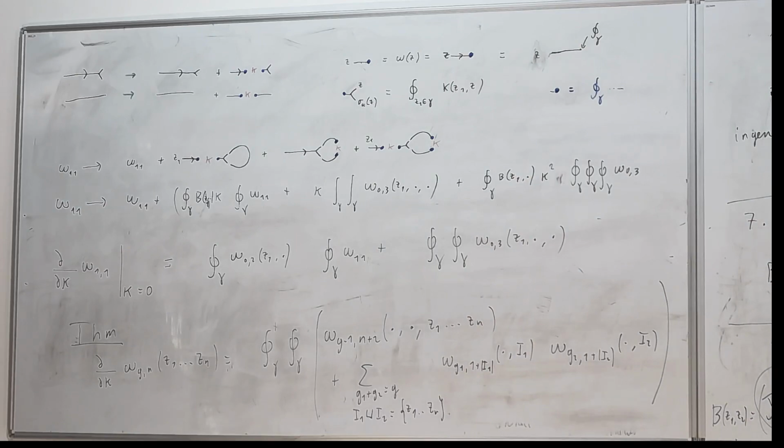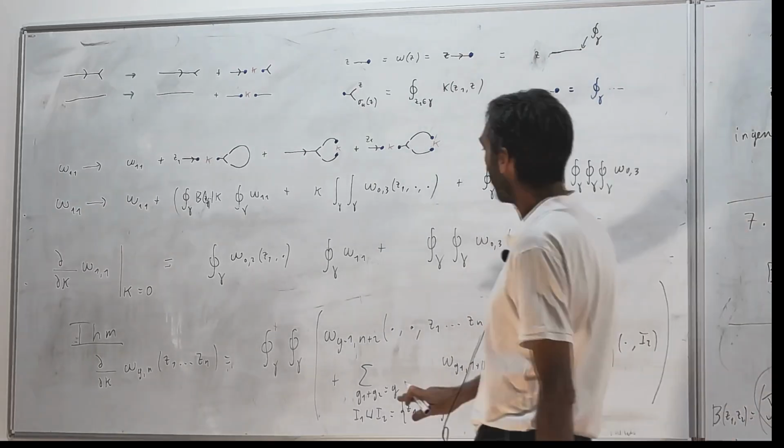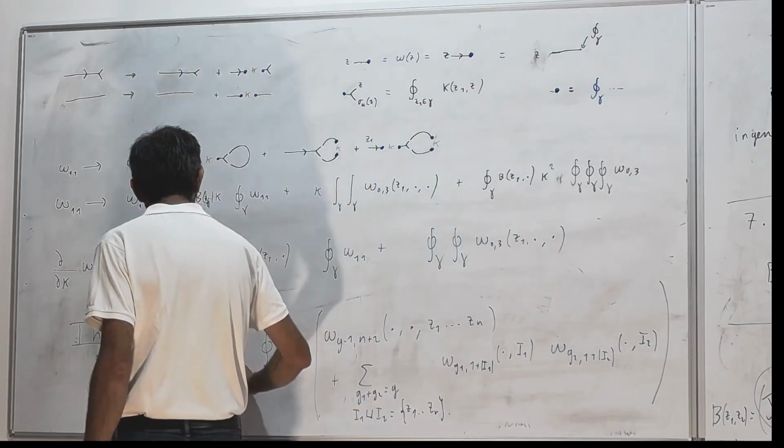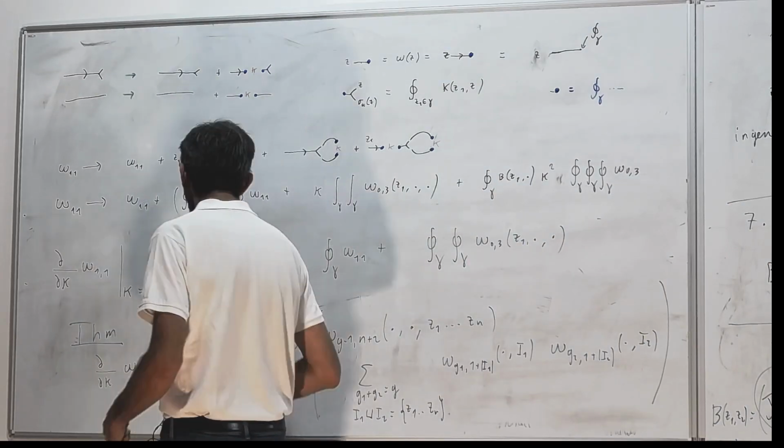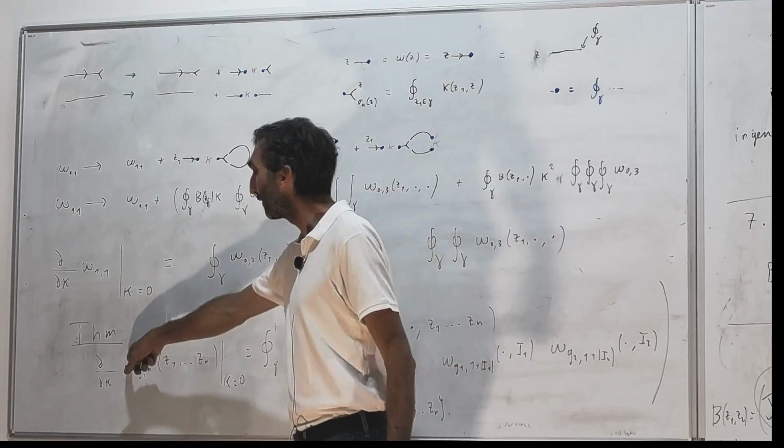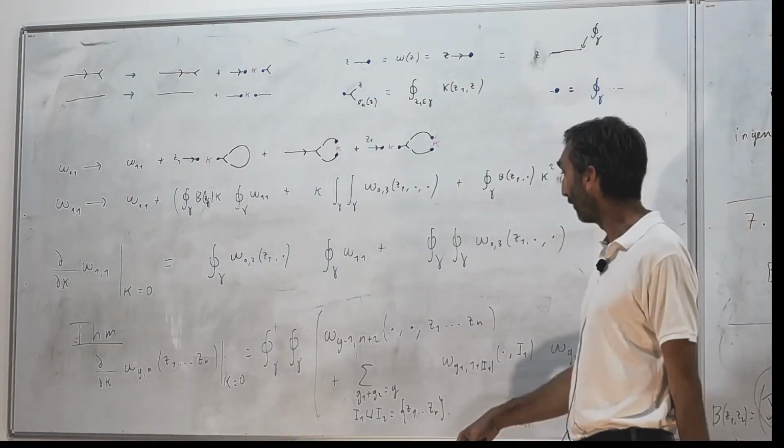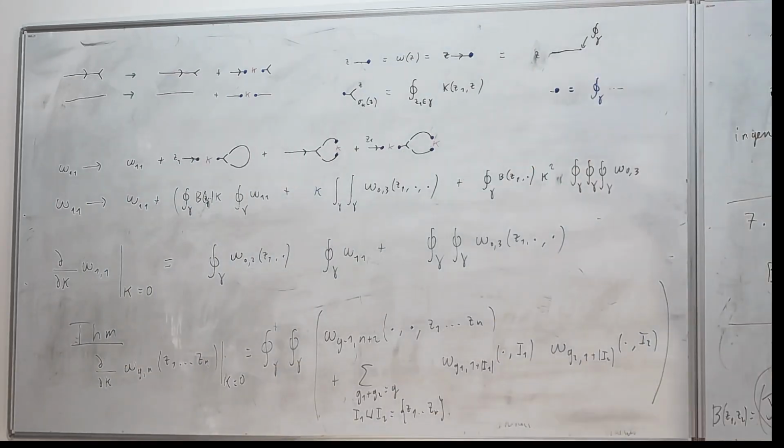In the end, this is quite simple. And evaluated at kappa equals 0. If you want to compute higher derivatives, the second derivative and so on, you just recursively apply this formula.